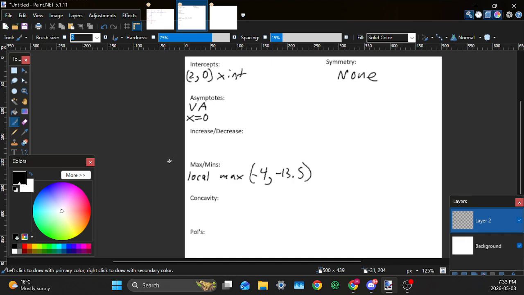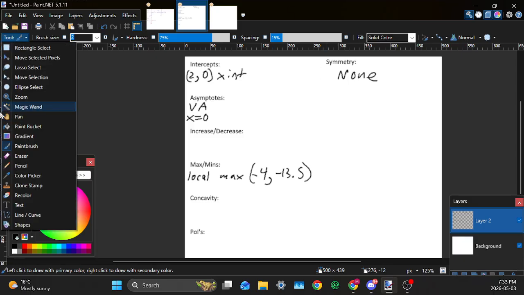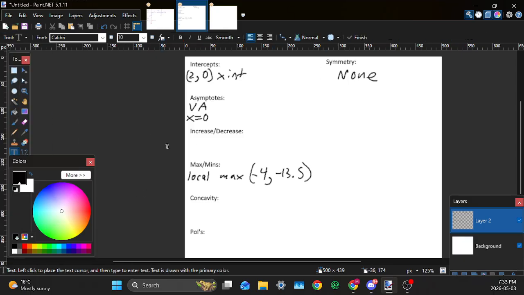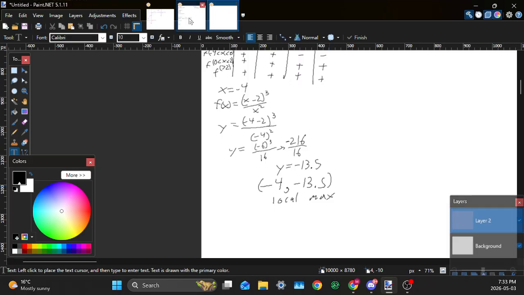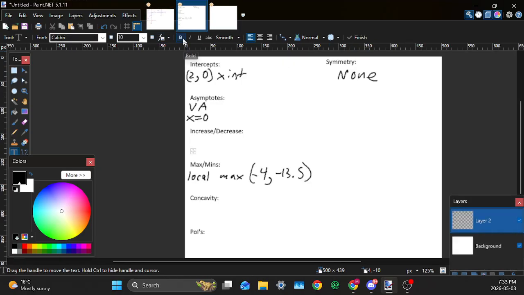Then let's just write down our increase and decrease here. I'm just going to use text here just because it'll be a little easier. Maybe I'll bold it.